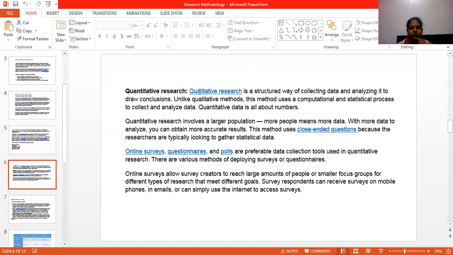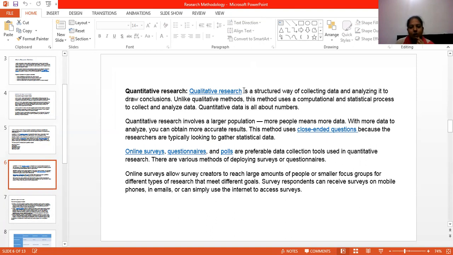Next is quantitative research. Quantitative research is a structured way of collecting data and analyzing it to draw conclusions. Unlike qualitative methods, this method uses a computational and statistical process to collect and analyze data.